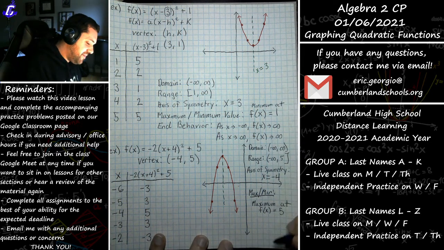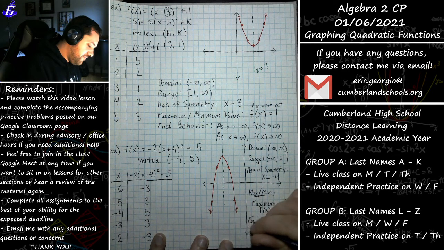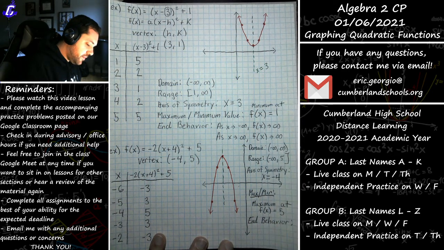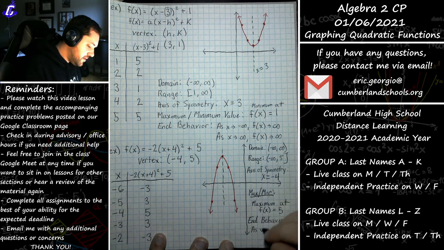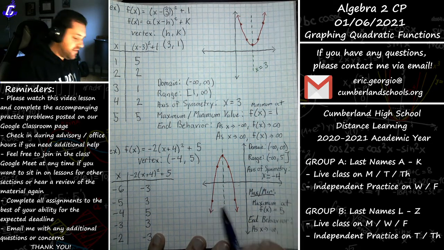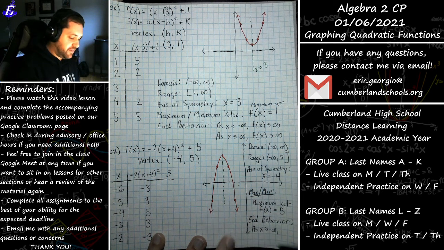And lastly, the end behavior. I would say, let's see, as x approaches negative infinity, as we continue to the left, as your x values decrease, what happens to your function? What's your function expected to do?